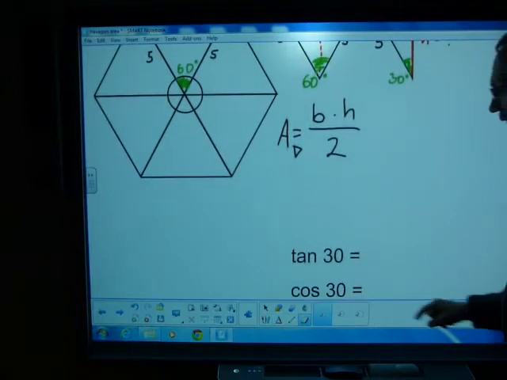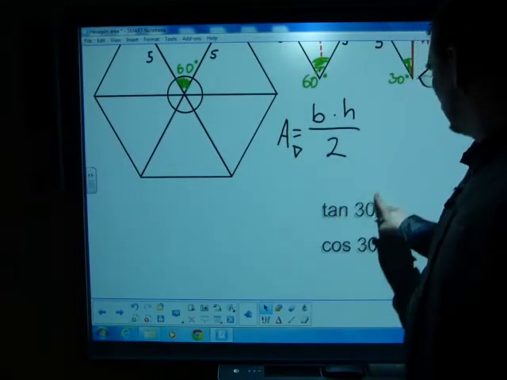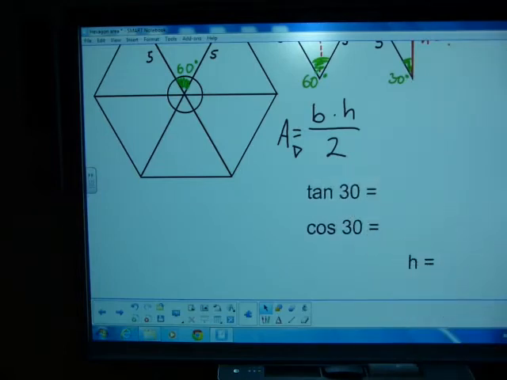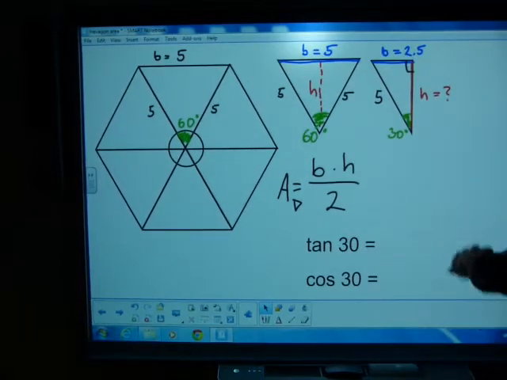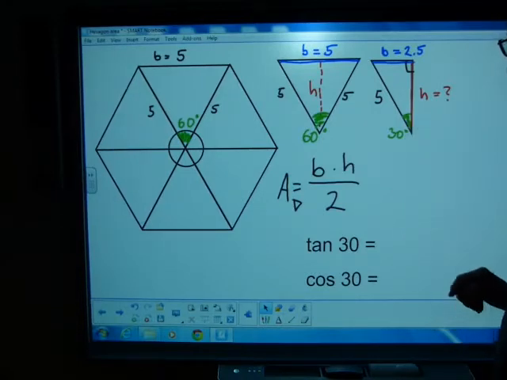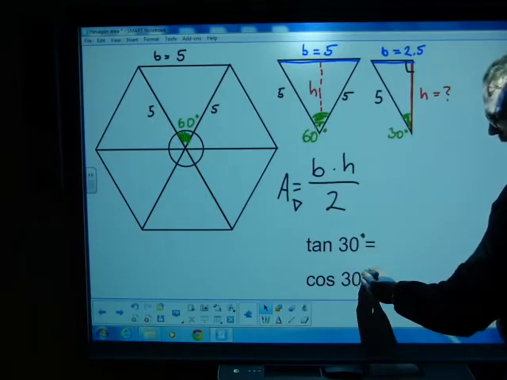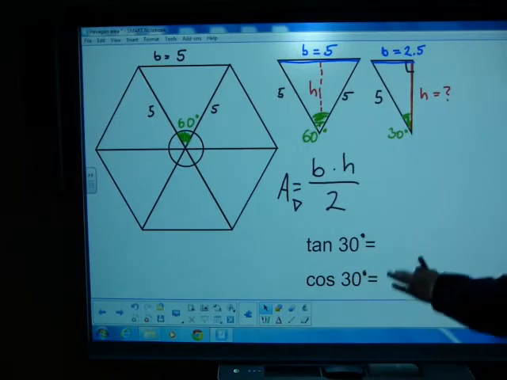So the trigonometric functions that can be used here are these ones. You can use the tangent function and relate it to the 30-degree angle, in which case tangent 30, I just add in the circles there for the degree.